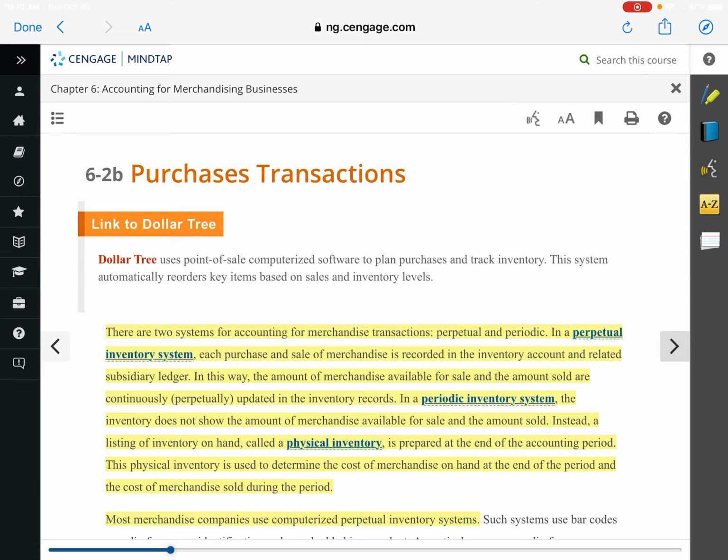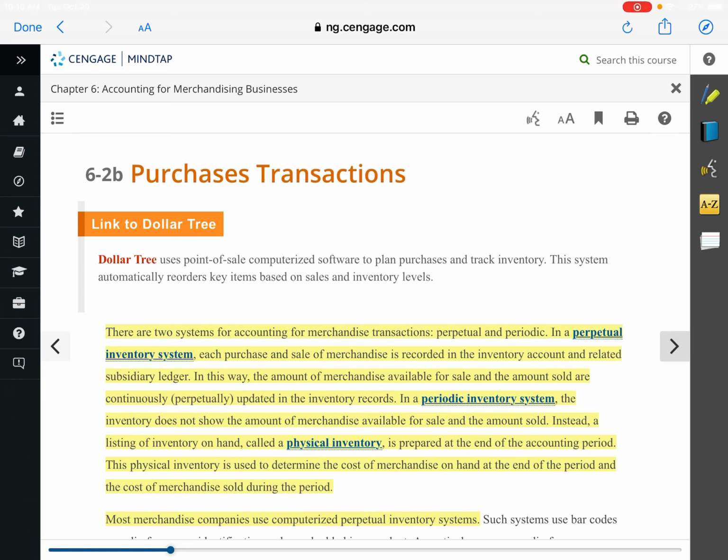Okay, so each business has to weigh the pros and cons to see, do we want a perpetual system or a periodic system? And like I said, with the computer age that we live in today, most companies use a computerized perpetual inventory system. Because of that, we're going to assume that all these companies are on the perpetual system.